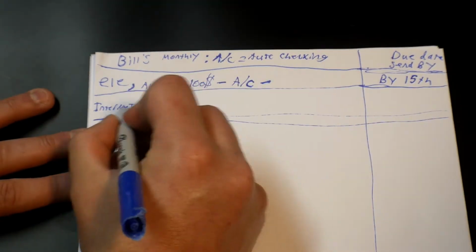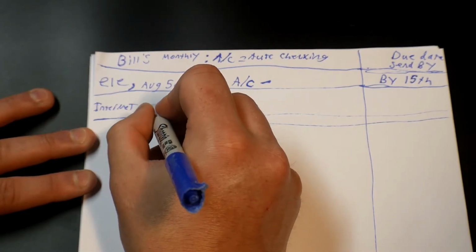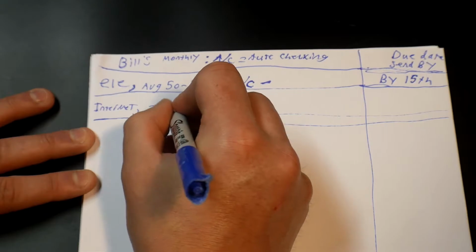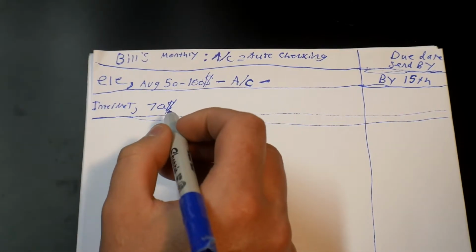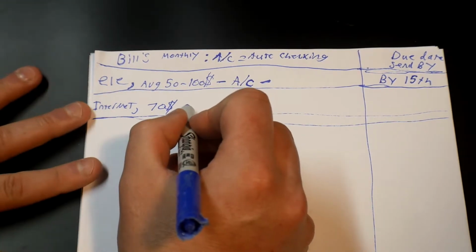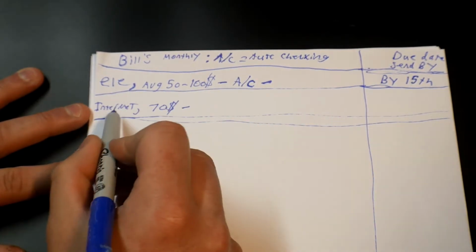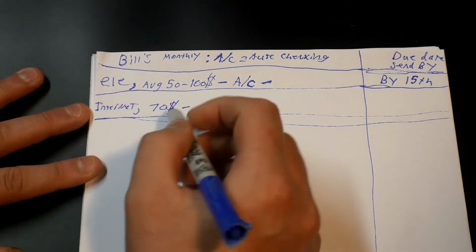So here we have the name of our next bill. We know the cost is the same, so let's say it's $70 because it has never changed and it's $70. So we write $70 because we know that's a locked-in price. Of course, these days nothing's ever locked in. So internet, the name, the price, how we pay.